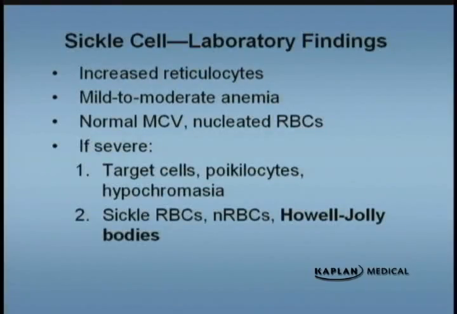Lab findings include an increased reticulocyte count because, again, the destruction is occurring in the periphery, and so the bone marrow tries to compensate. They might have anemia, but not a really marked anemia. You can see some target cells, and characteristic on the peripheral smear are Howell-Jolly bodies.